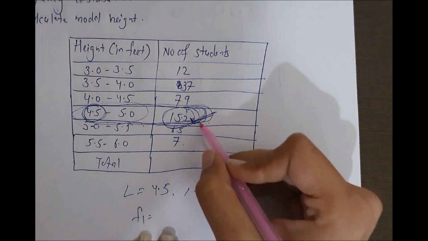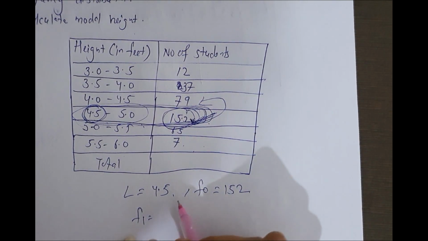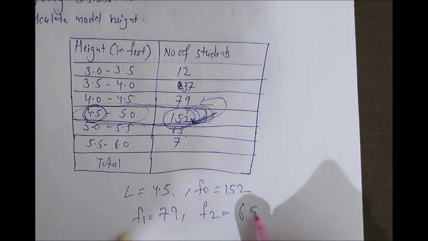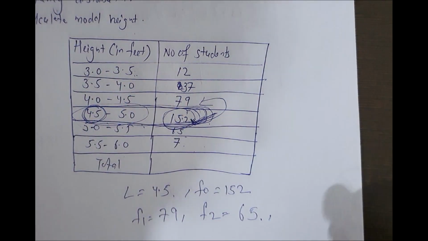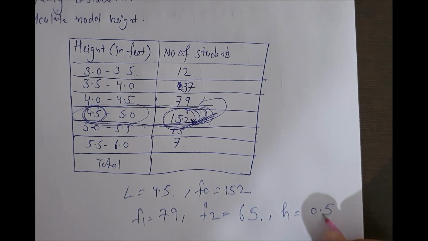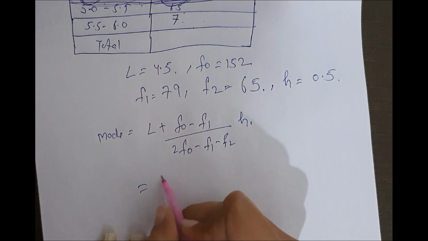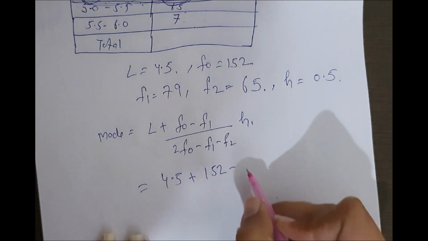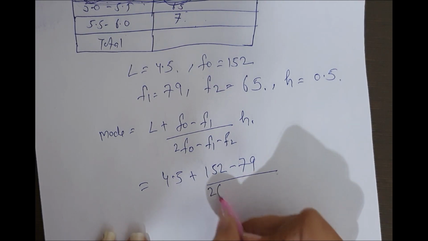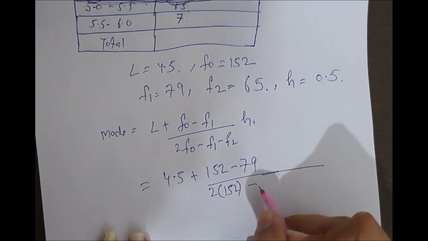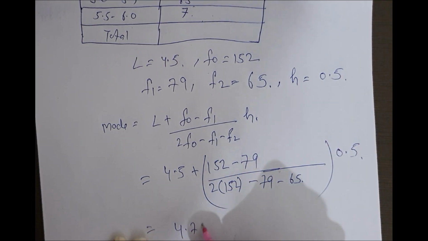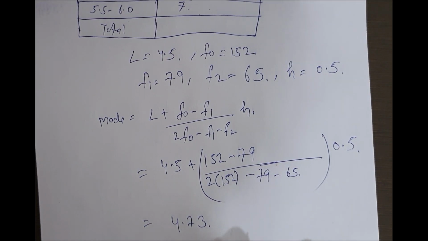It means the frequency above this is F1 and the frequency below this is F2, and the difference between these classes is 0.5. So H is 0.5. Put in this formula and find the result. Here L is 4.5 plus F0 minus F1 over 2 F0 minus F1 minus F2 times H. Now this comes out to be the answer.